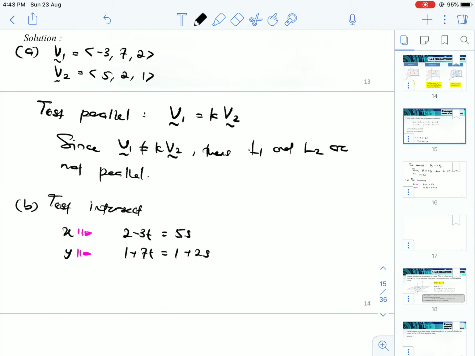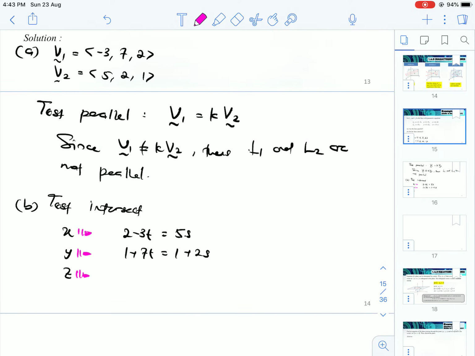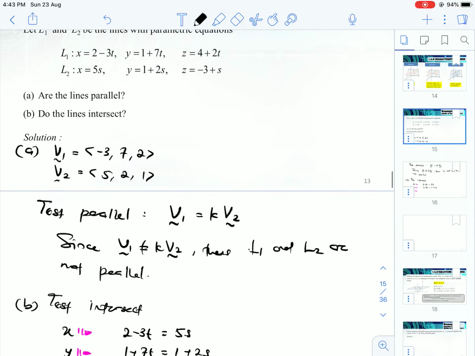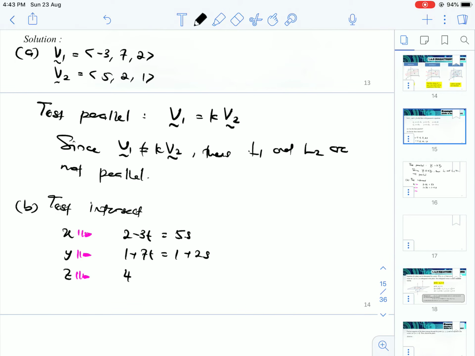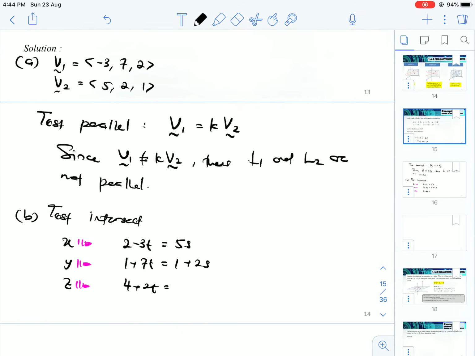And then for z, we have 4 plus 2t equated to negative 3 plus s.